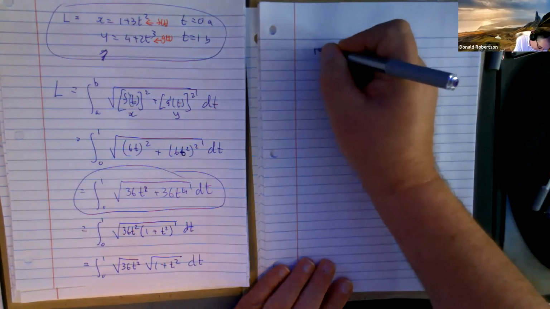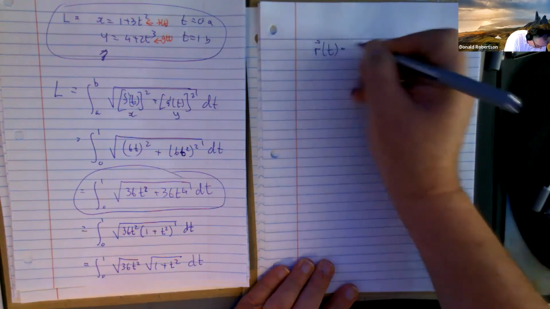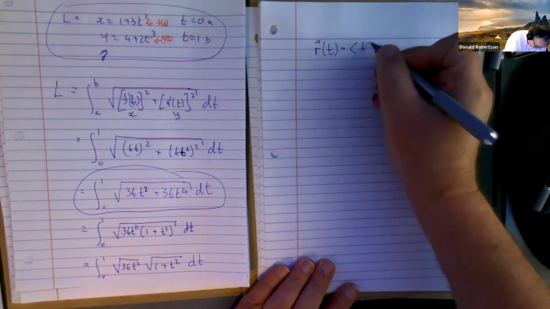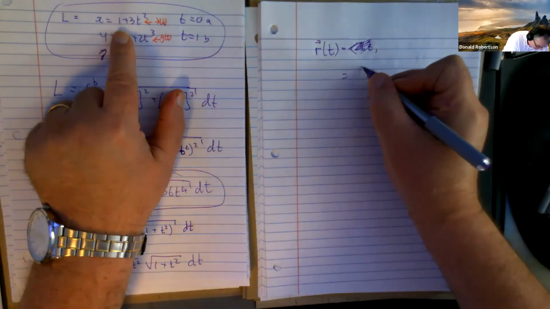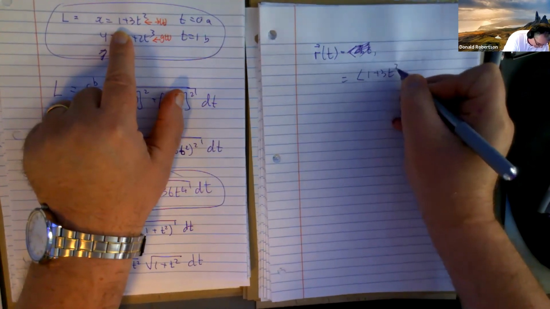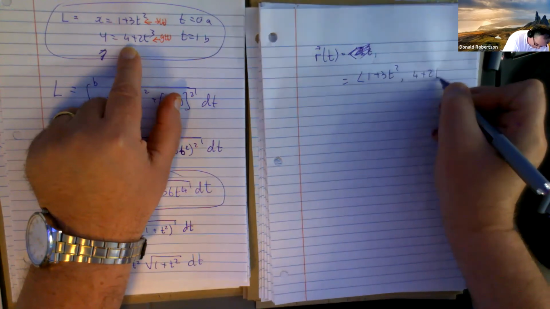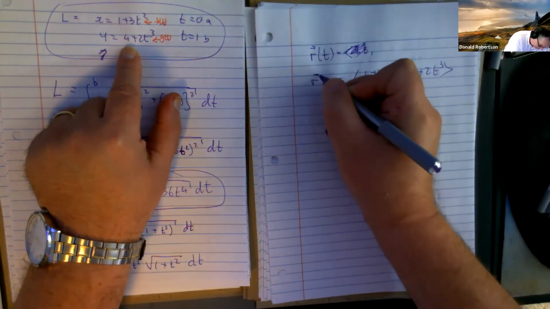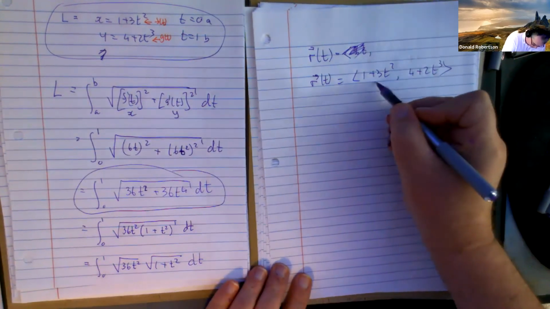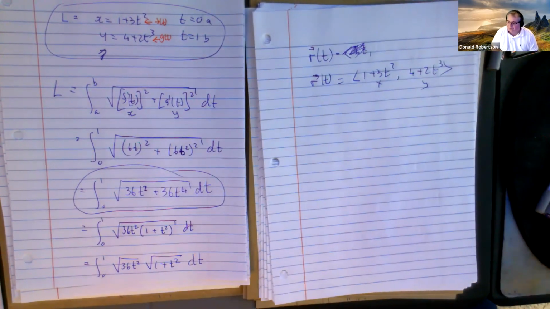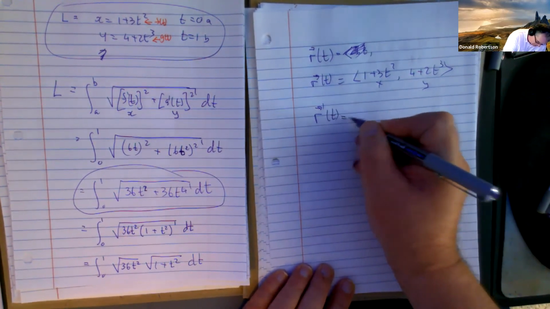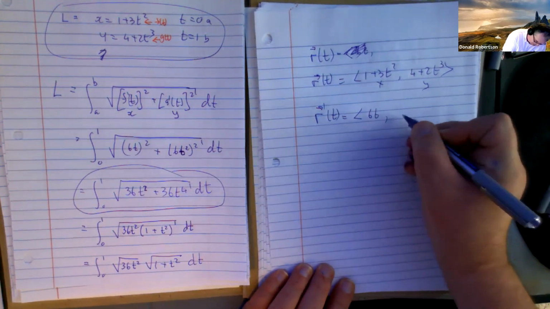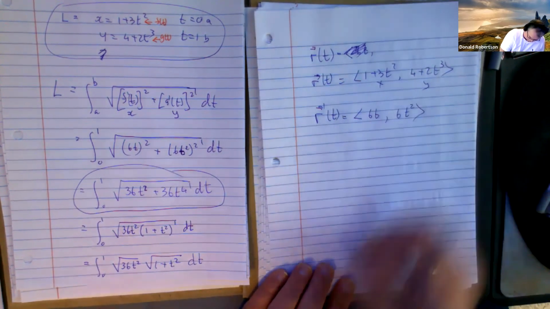Right. Well, if you were thinking of where's your r of t, it's 6t. No, it isn't. Start again. It's 1 plus 3t squared and 4 plus t cubed. There's your x, there's your y. And if you differentiate this guy, there's that 6t and there's that 6t squared.